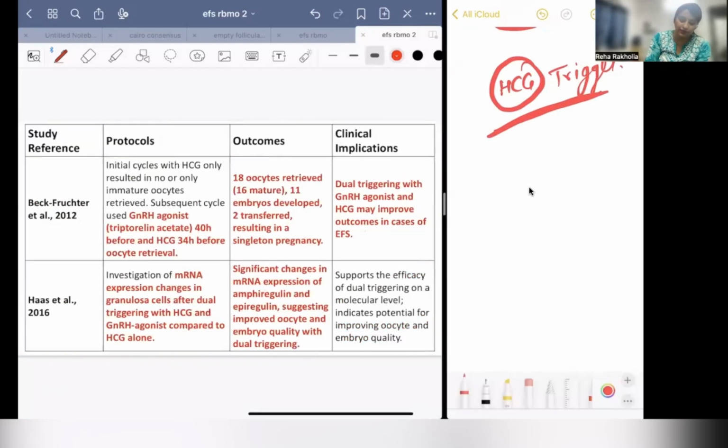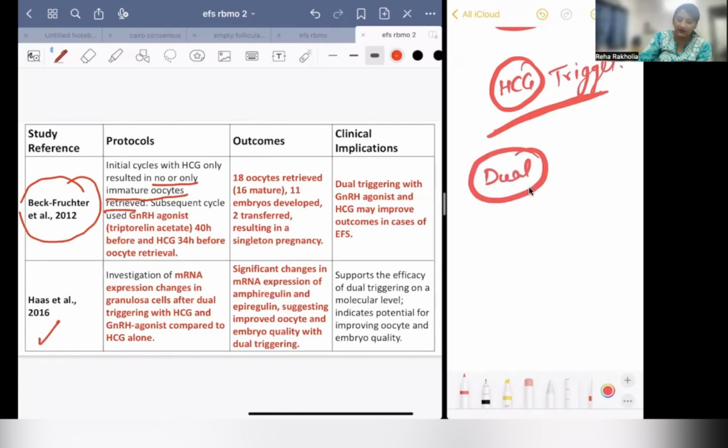Then Beck-Fruchter et al. 2012: the initial cycle with HCG only resulted in no or only immature oocyte retrieval. Subsequent cycle used GnRH agonist 40 hours before, means they gave dual trigger. These two studies talk about dual trigger.